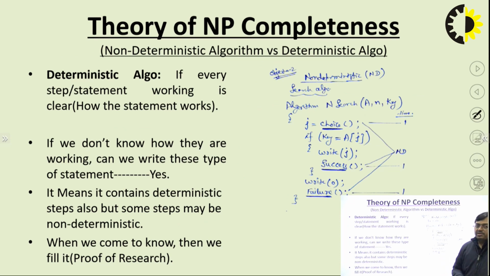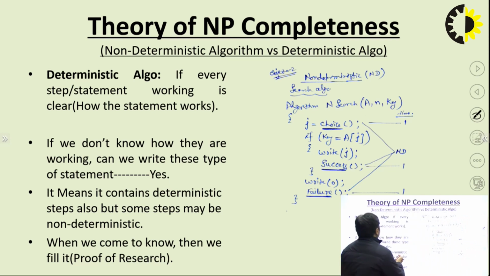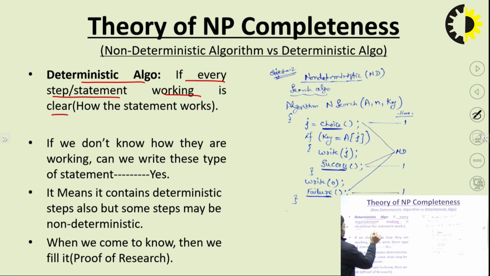Then what is the difference between a polynomial deterministic algorithm and a non-deterministic algorithm? A deterministic algorithm means every step or statement is clear, meaning how each statement works in that algorithm.